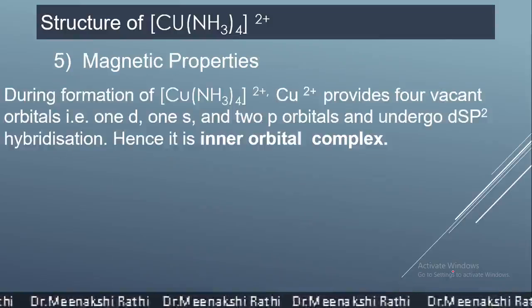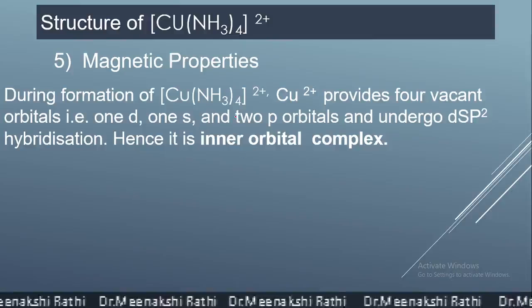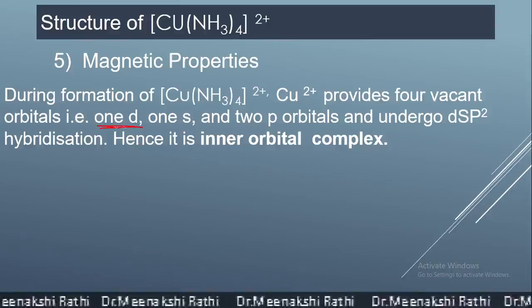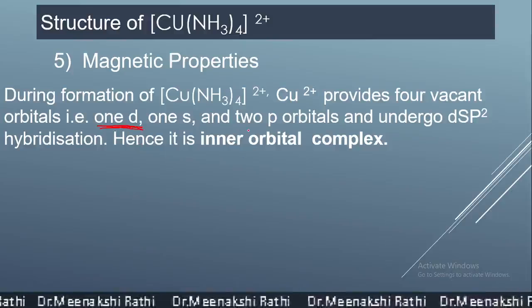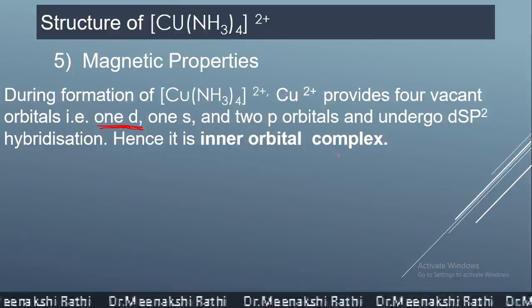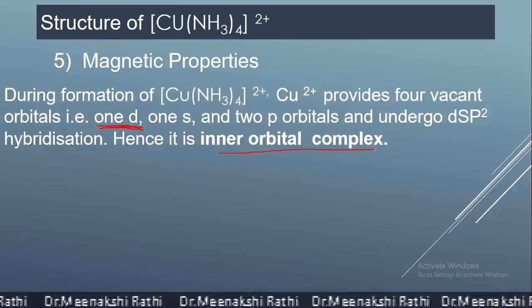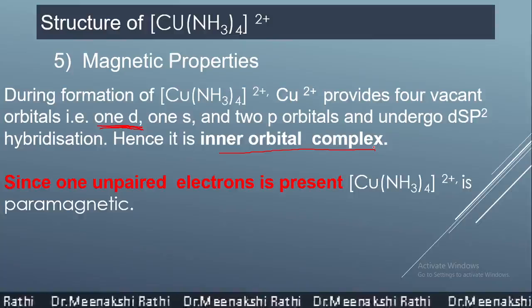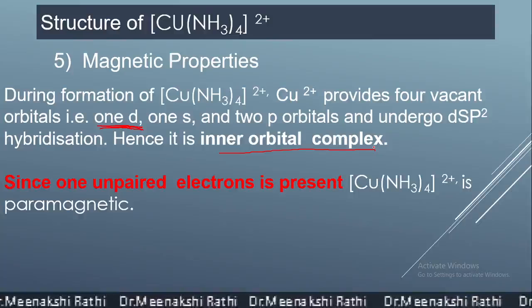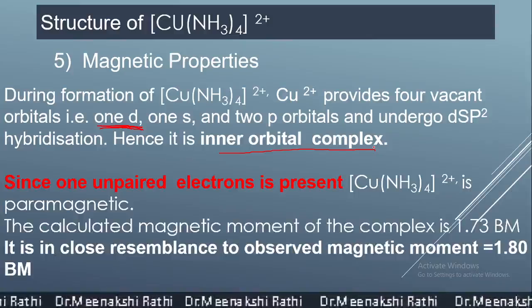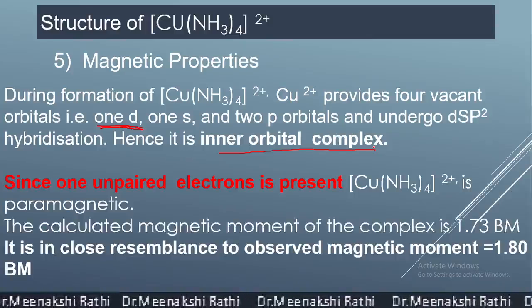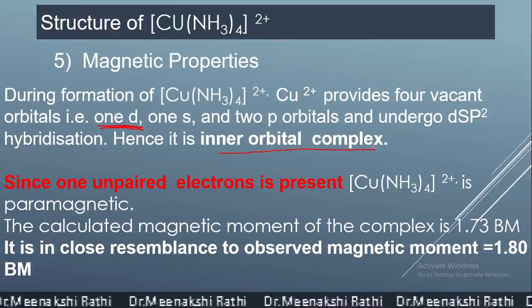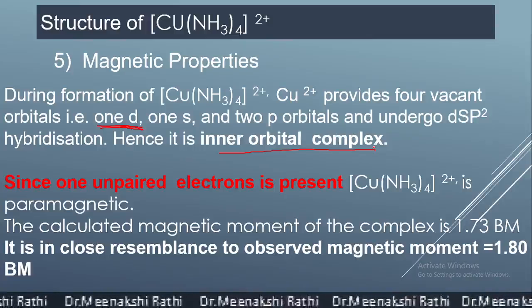And as I told you, during formation of the tetraamminecopper complex, the Cu2+ ion provides one 3d orbital, one s and two p orbitals to undergo dsp2 hybridization, hence it is known as an inner orbital complex. Since one unpaired electron is present, it is paramagnetic, and the calculated magnetic moment of the complex is 1.73 Bohr magneton, which is in close resemblance to the observed magnetic moment, that is 1.80 Bohr magneton.